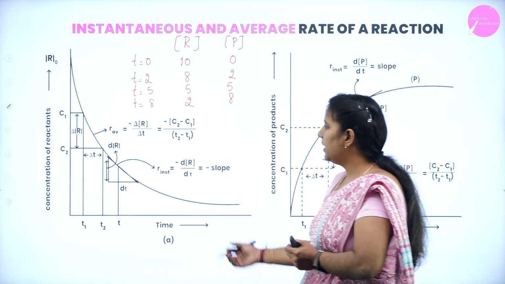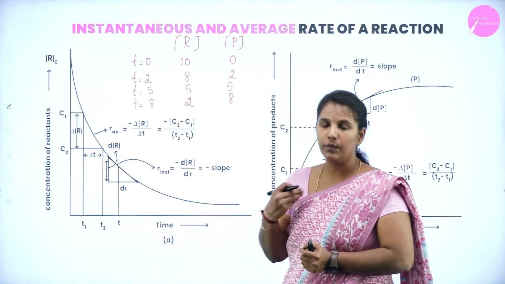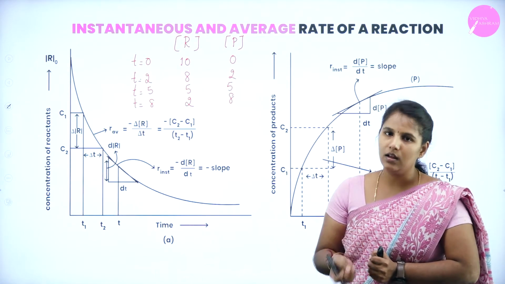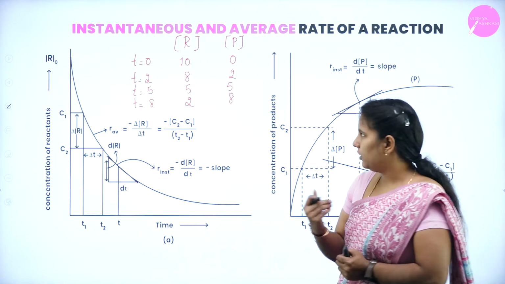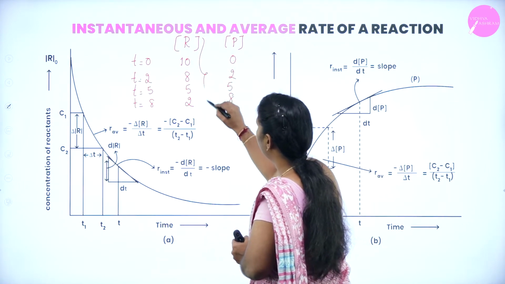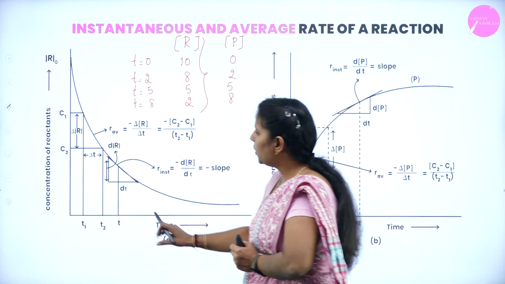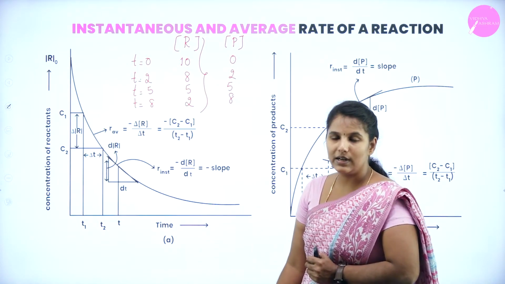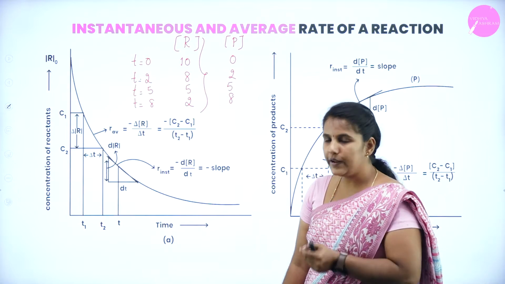Okay. So first we will draw a graph by considering the concentration of the reactant and the time respectively. First I'll consider only the reactant. If I plot the concentration of the reactant versus time, what will the graph be?